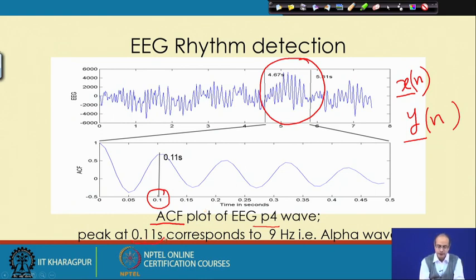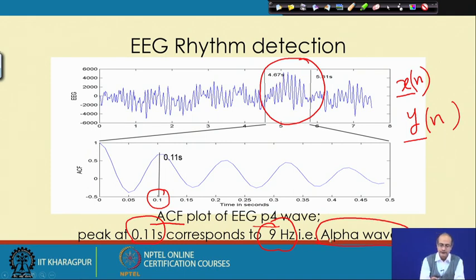If we take the inverse of it, that gives us 9. That means a 9 hertz signal is predominant here, and as that is within the range of the alpha wave, we say that alpha wave is present in the P4 signal. So, that is what we could get out of this exercise.